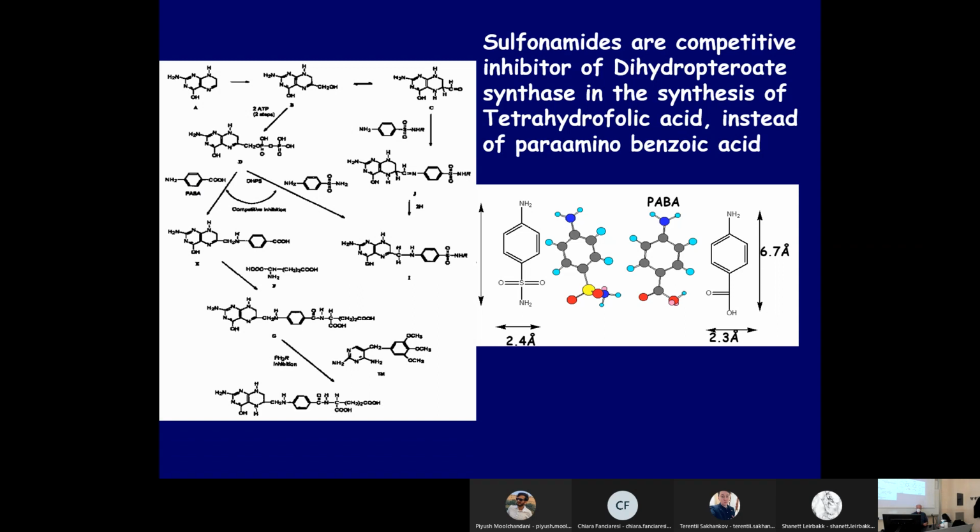But if sulfonamides are taken by the cell, you see the pathway is blocked at this level. So once again, we can perform small modification in the molecules of the substrate to have antimetabolites.